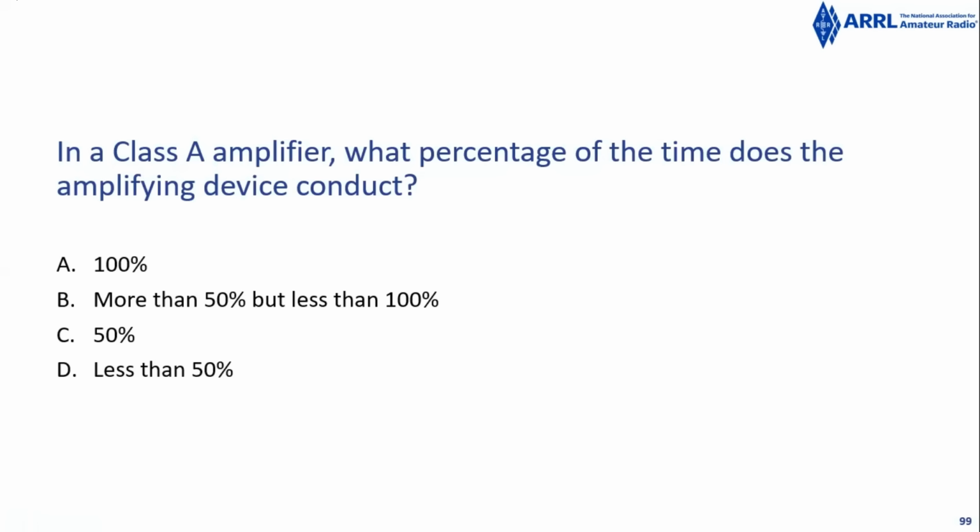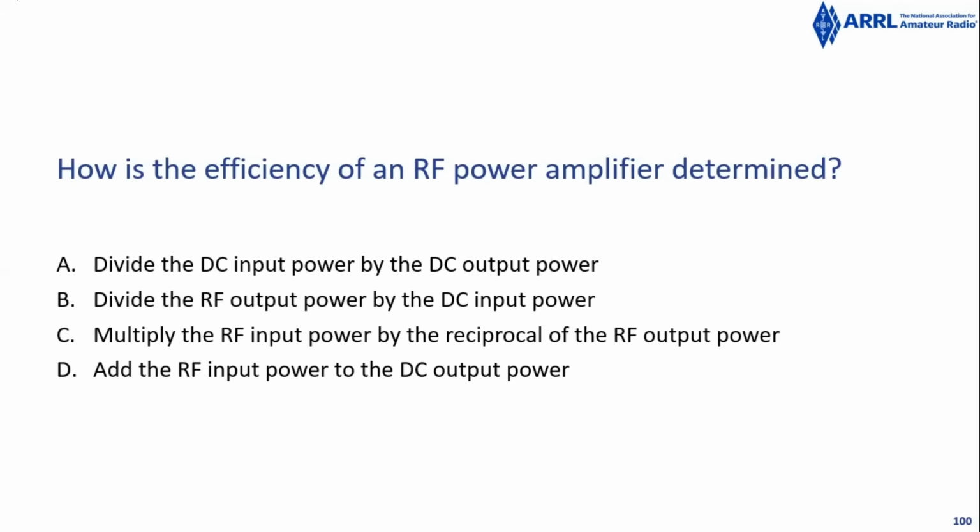In a Class A amplifier, what percentage of the time does the amplifying device conduct? Class A, it's 100%, and B. How is the efficiency of an RF amplifier determined? The RF output power divided by the DC input. B, that's correct.